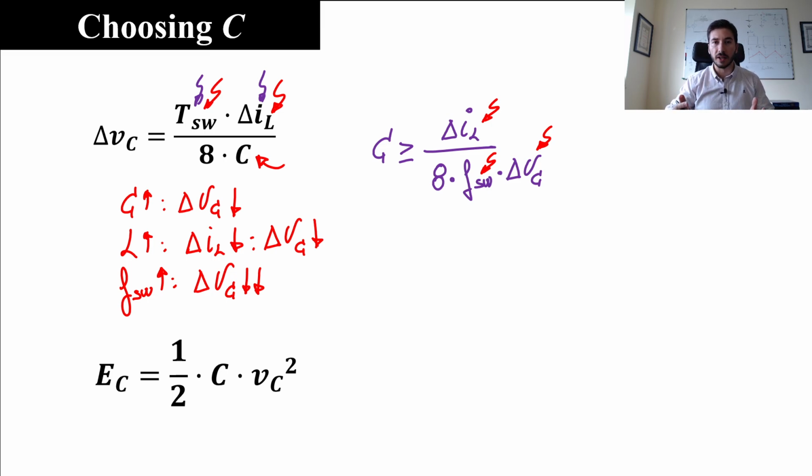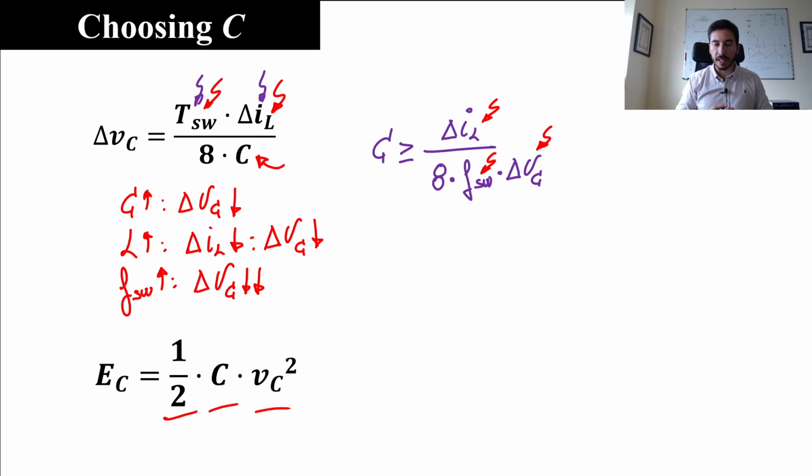As in the case of the inductance, a capacitor is an element that stores energy. The size of that capacitor depends on the amount of energy that the capacitor is able to store. The energy stored by a capacitor is 1/2 capacitance times voltage to the power of 2.